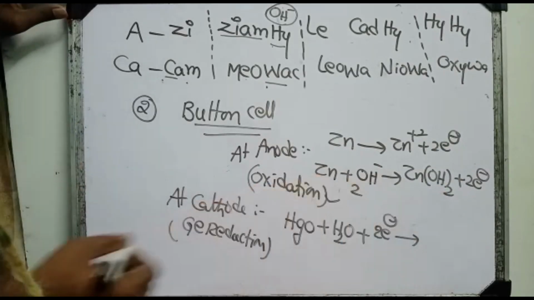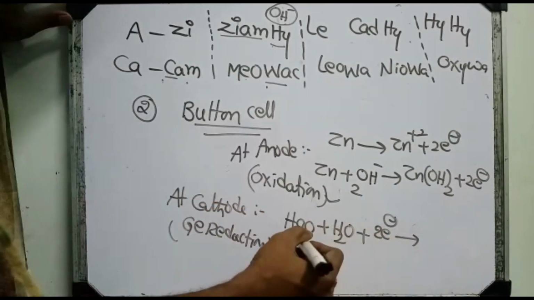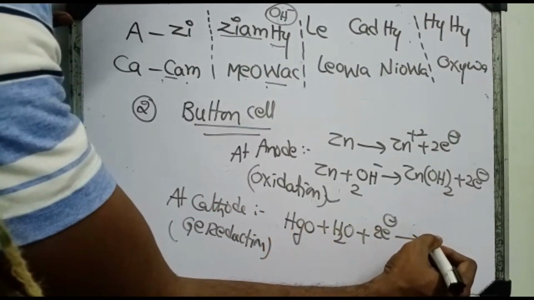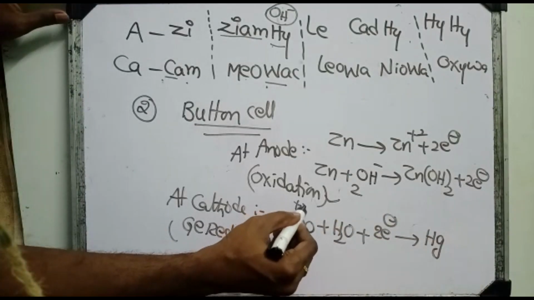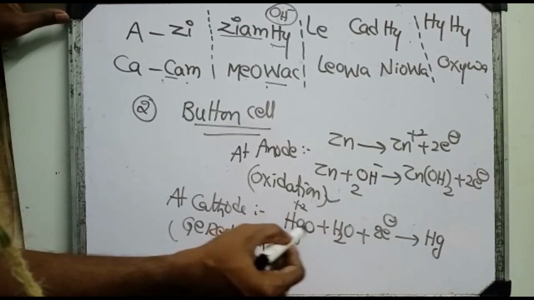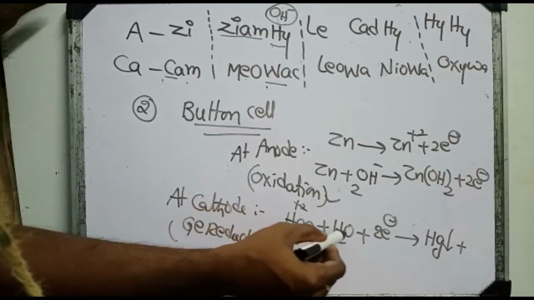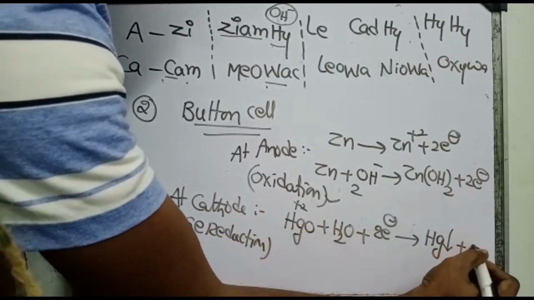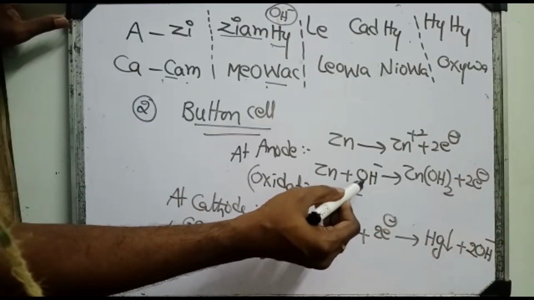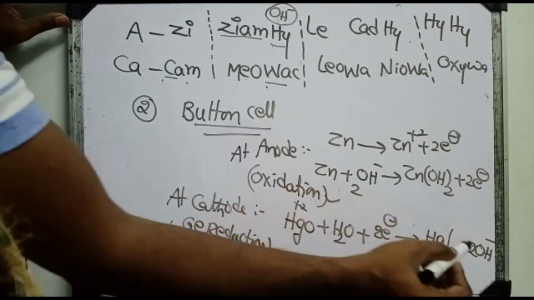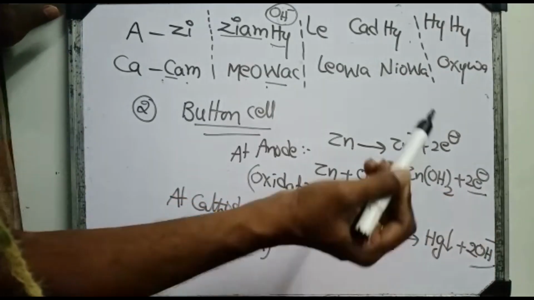Then what happens? You are getting mercury: Hg2+ absorbs 2 electrons, and mercury comes outside. Next, O and H2O, you are getting 2 OH minus. 2 moles of OH minus come outside, and 2 electrons are absorbed.